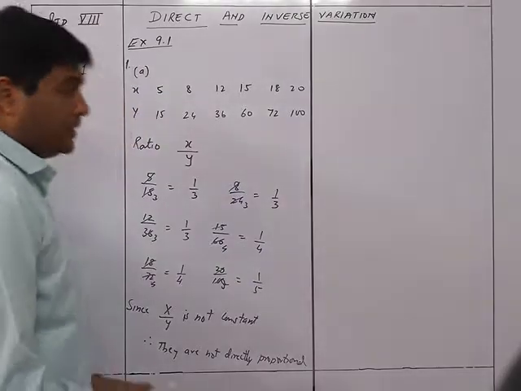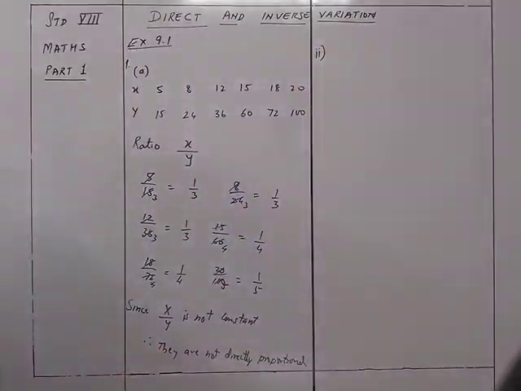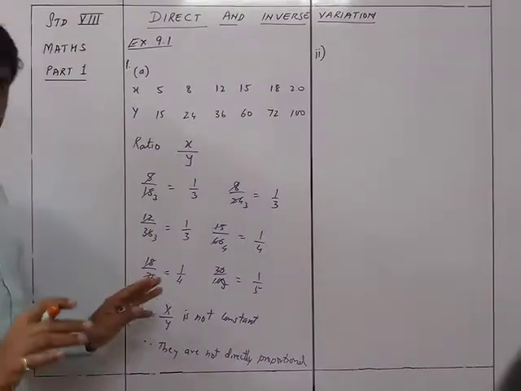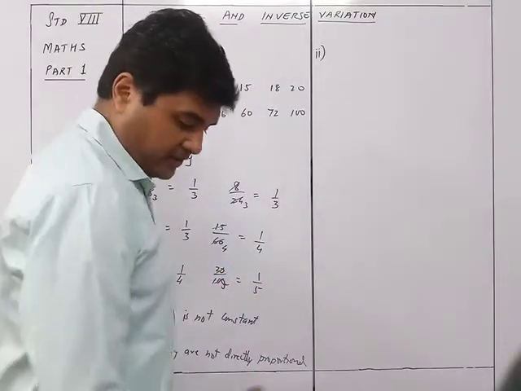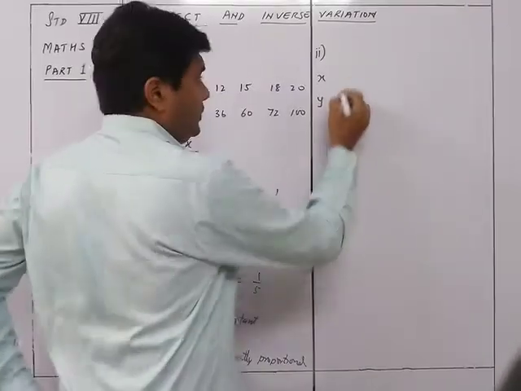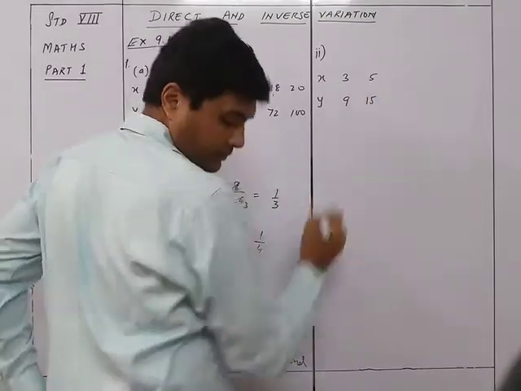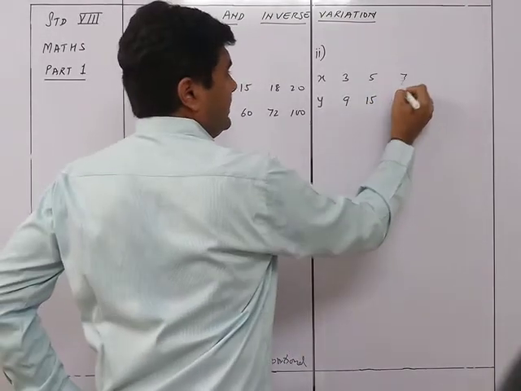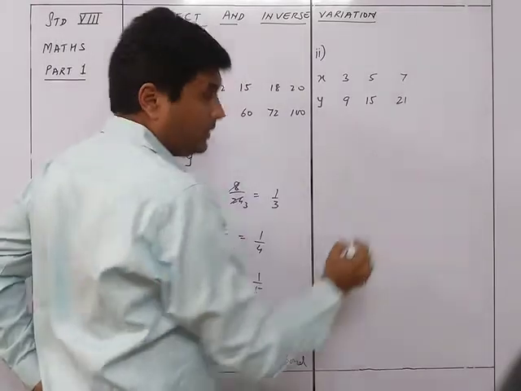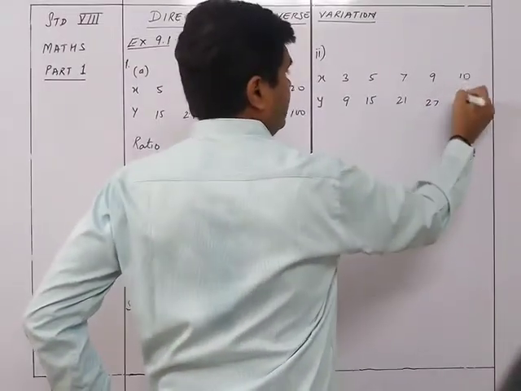So let's see sum number 2. Okay, it's a very simple thing. We're just going to find out the ratio of x upon y. So x, y: 3, 9; 5, 15; 7, 21; 9, 27; 10 and 30.